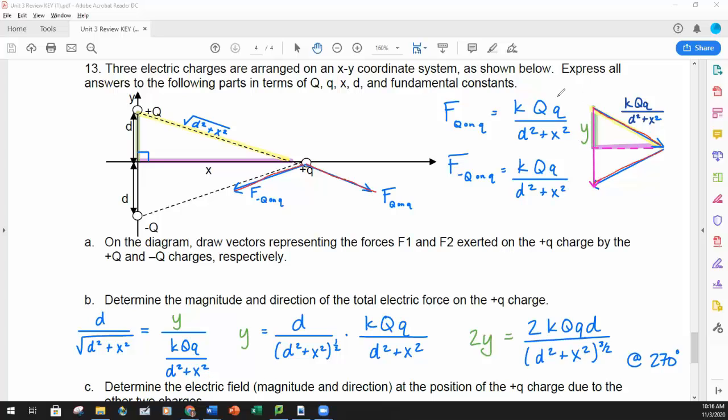I used Coulomb's law to determine how much force this vector is. So Coulomb's law is k, the first charge, the second charge, over the distance squared. The distance here I found using the Pythagorean theorem. So d squared plus x squared equals this unknown squared.